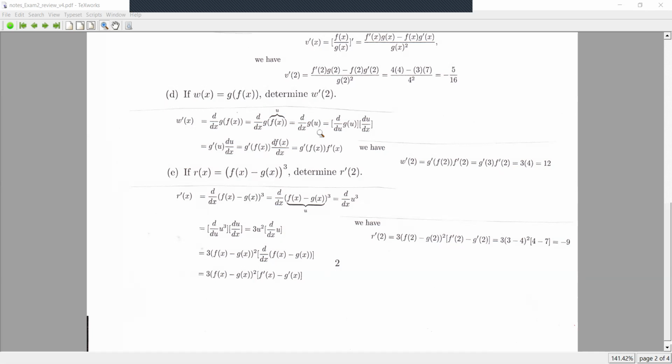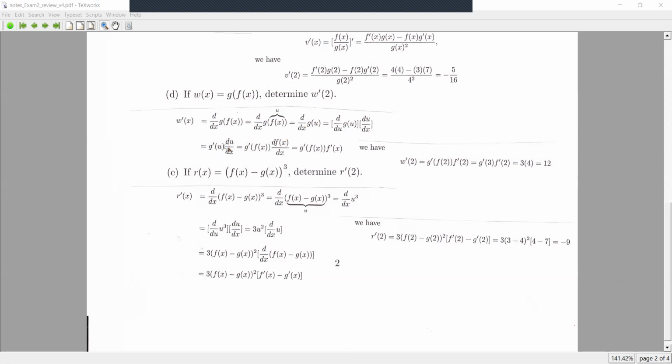By the chain rule, I write this derivative as the product of these two derivatives. If I cancel du, then this product goes back to this derivative. The derivative of g of u with respect to u in the prime notation is g prime of u.